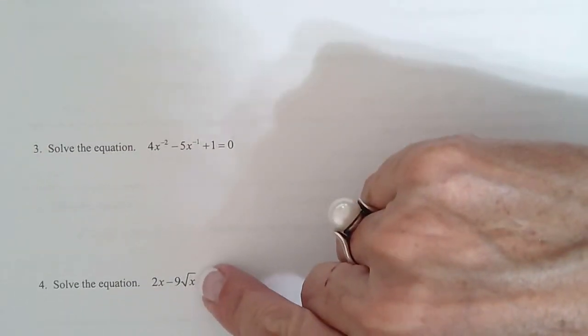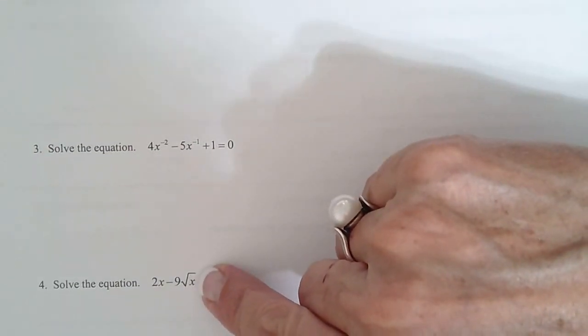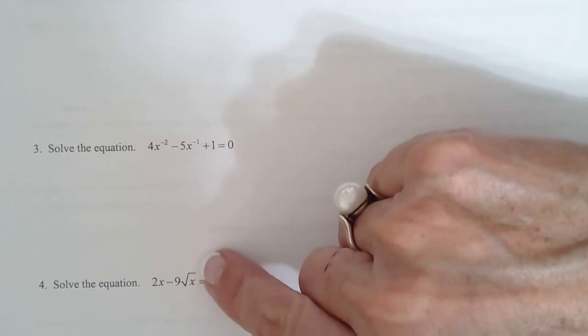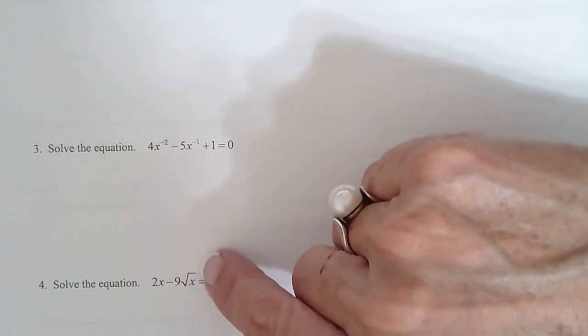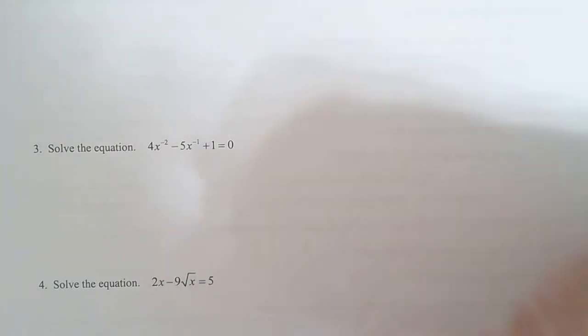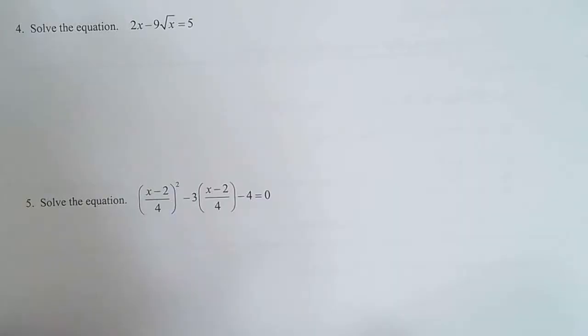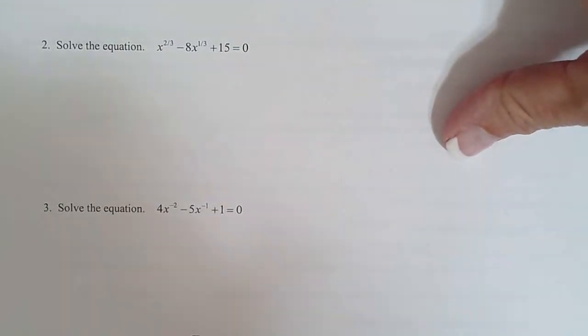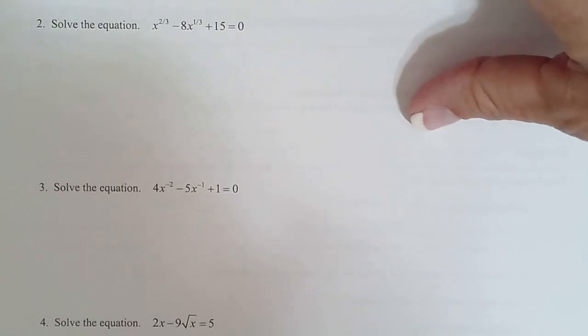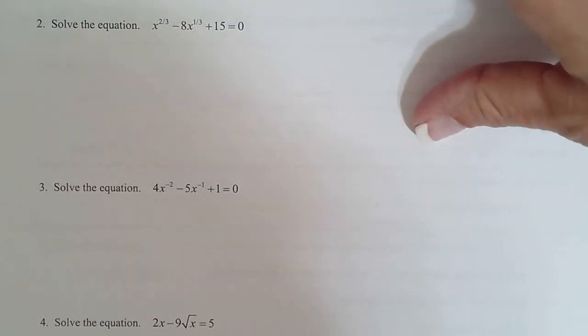This exponent, remember, is 1/2. Square root of something means it's 1 over 2. So this is x to the 1/2. 1/2 times 2, double it, you get 1. And this is an exponent of 1. When you double it, you get 2. So they're all quadratic in form, which means once I use substitution, all I have to do is factor to get my solutions.